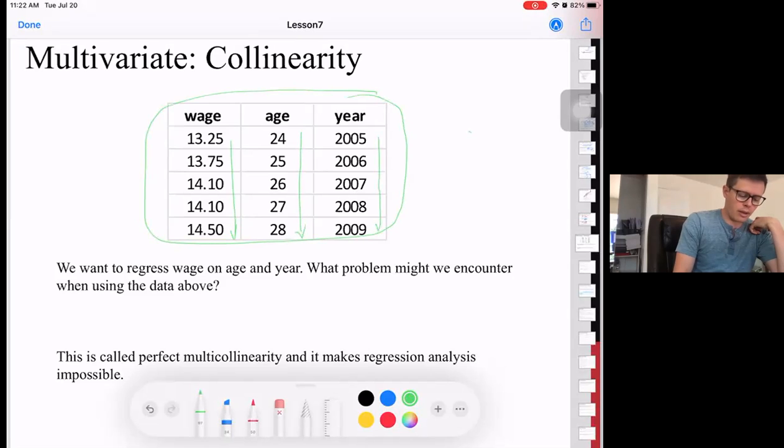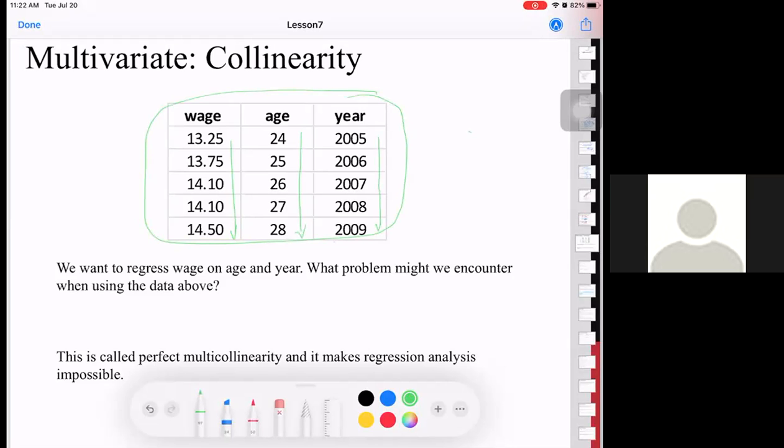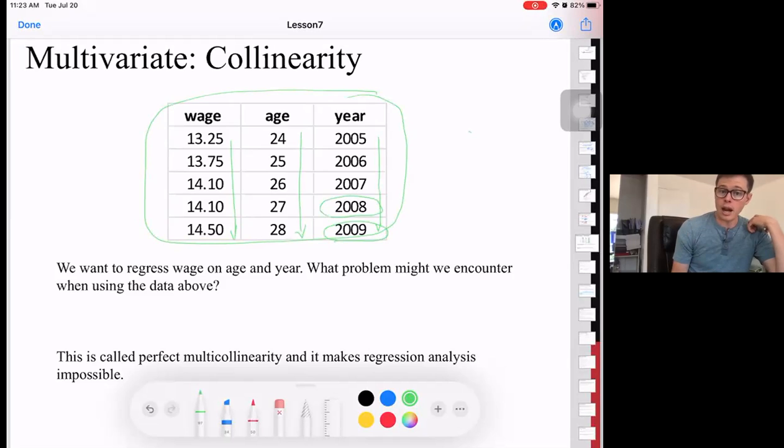You might think, oh, we'd like to be able to control for the year because there are differences in the economy each year, and we'd like to be able to control for those. The problem with that is that age and year are perfectly correlated. You gain a year of age every year that passes in the data, and it makes regression analysis impossible.